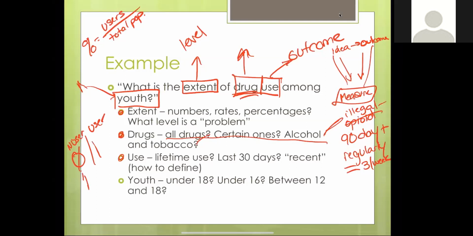The person who has used marijuana but 20-some odd years ago while in high school and has never used it since is different than this person. And so we need to measure and be able to delineate: when you got a 1, you used illegally, you used within the last 90 days, you used regularly as constituted by at least 3 or more times a week.